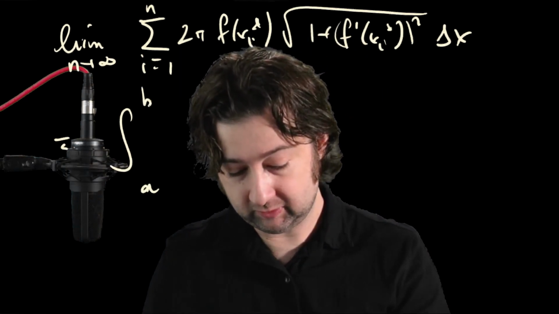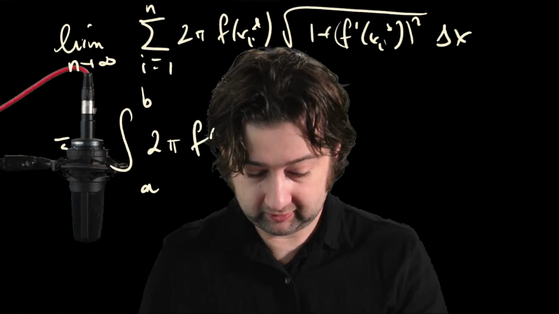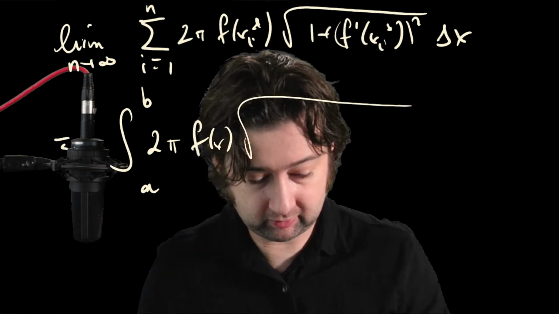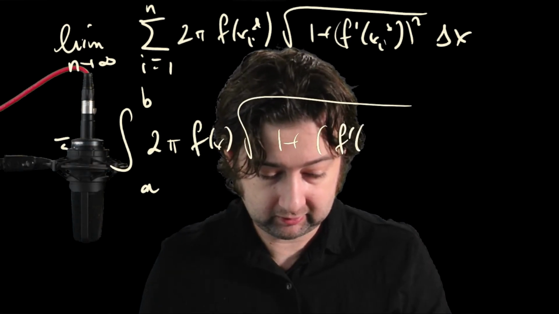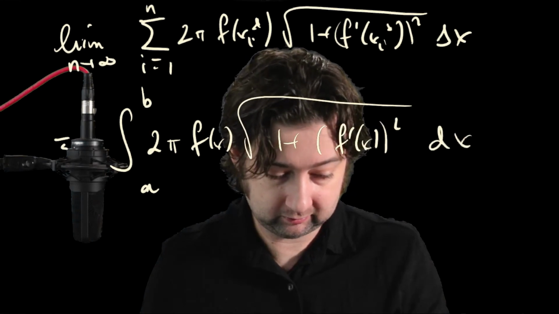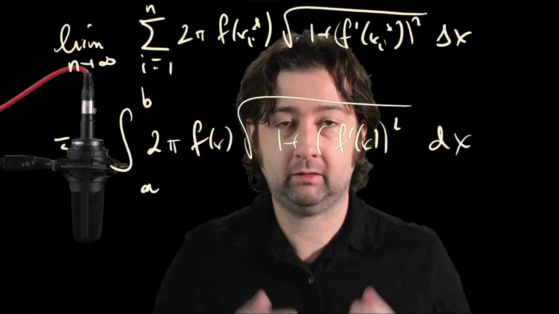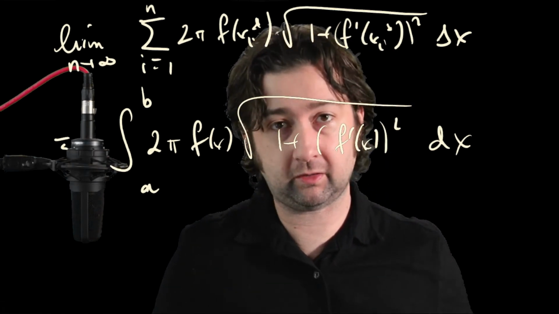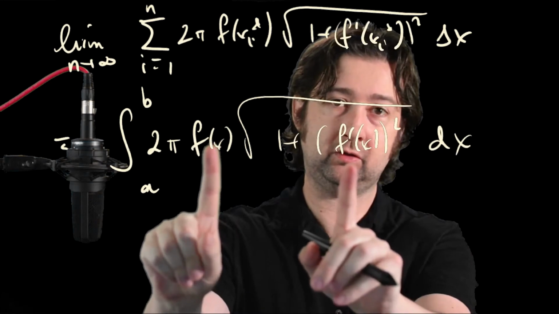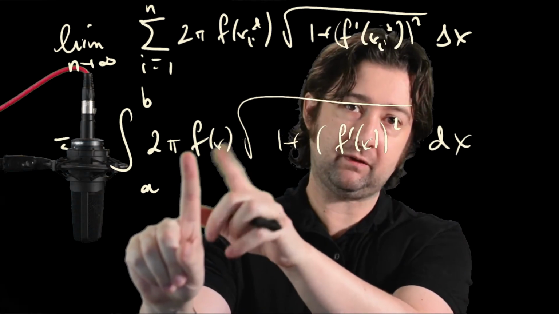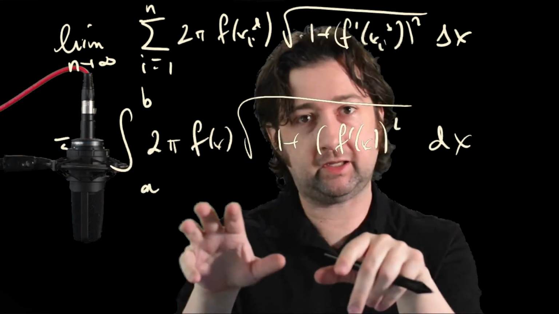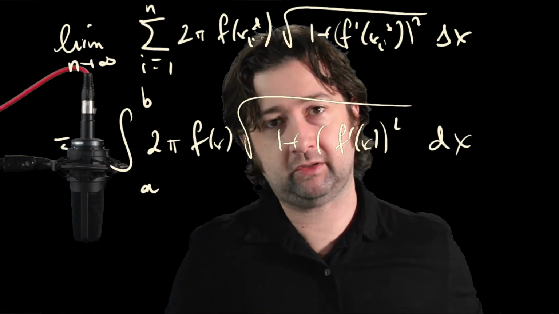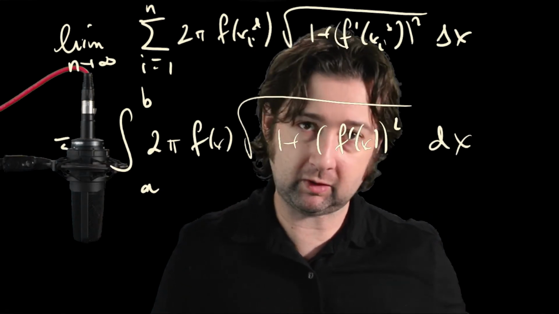The integral from a to b of 2 pi f of x times the square root of 1 plus f prime of x squared dx. This is the surface area integral. This frequently is solvable in cases where the arc length isn't, because a lot of times you get substitutions here. The fact that you have this extra bit floating around on the outside of the integral sometimes allows us to come up with integrals that can be solved in an easier way with u substitution, say.